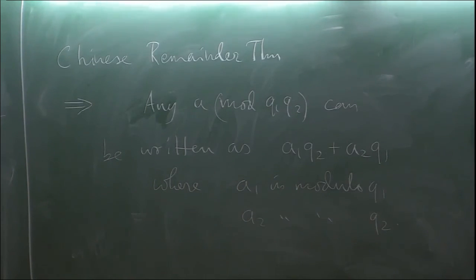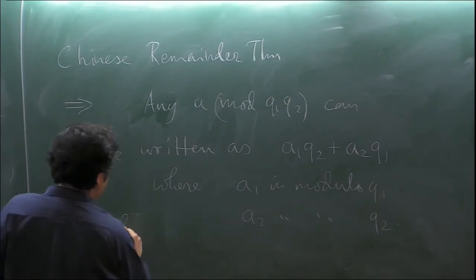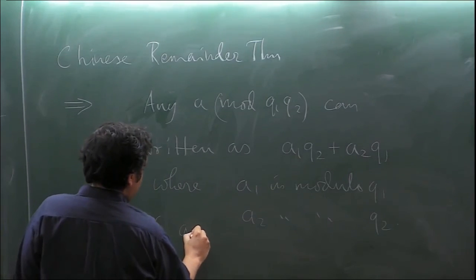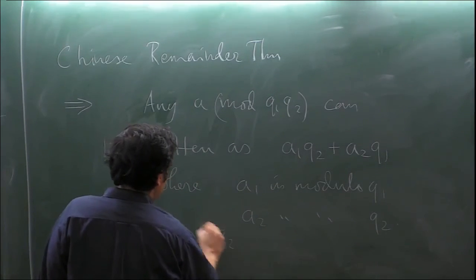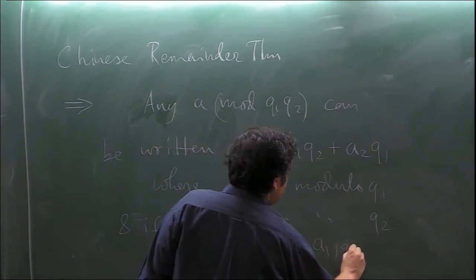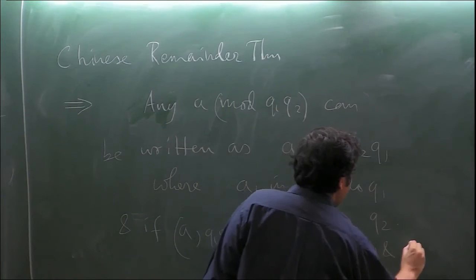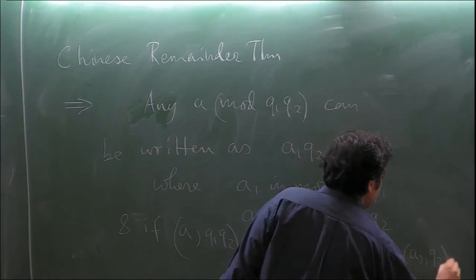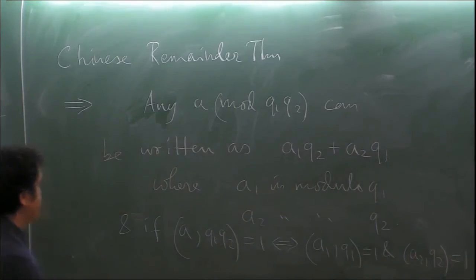So then I can write it as a double sum, A1 mod Q1. And if A is coprime with Q1 Q2, that is equivalent to saying A1 and Q1 are coprime and A2 and Q2 are coprime. So this will be like this.